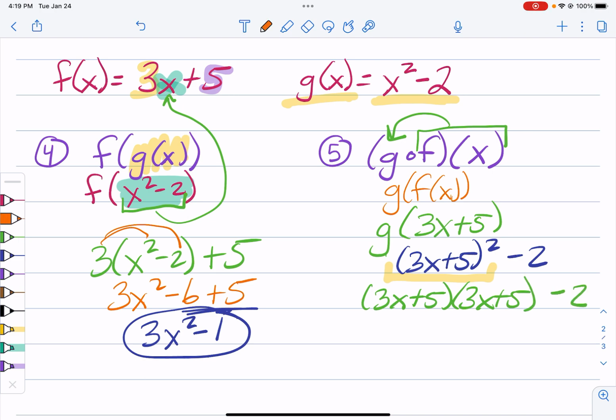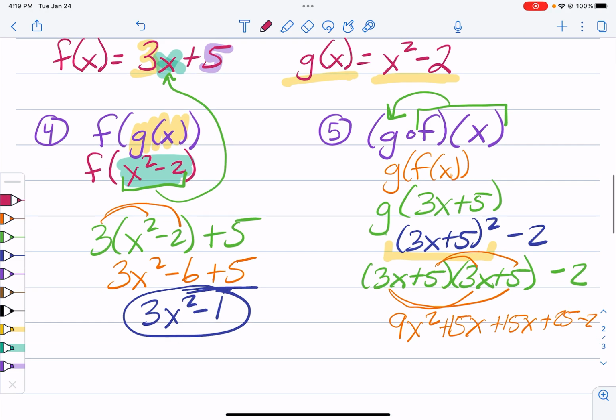That matters because we're going to have to do super distributing. You might have heard it called FOIL, super distribute, something like that. So 3x times 3x is 9x squared. 3x times 5 is 15x. Then 5 times 3x is another 15x. And 5 times 5 is 25. And we still have that minus 2.